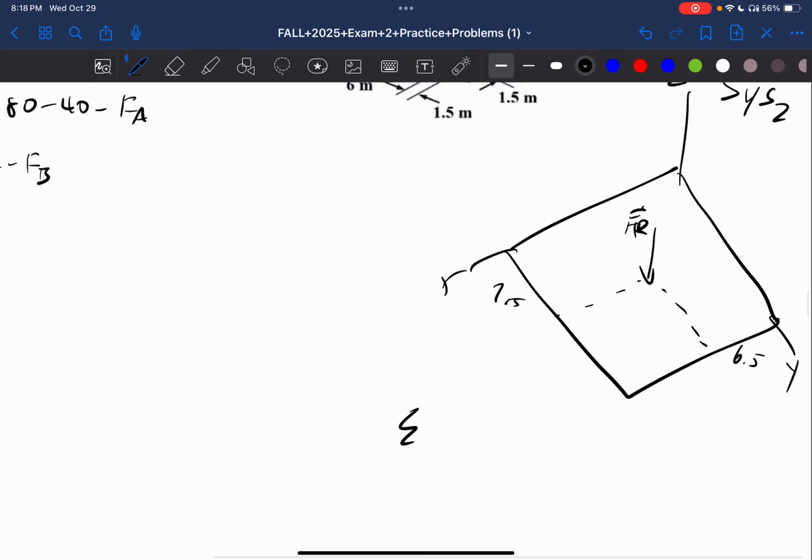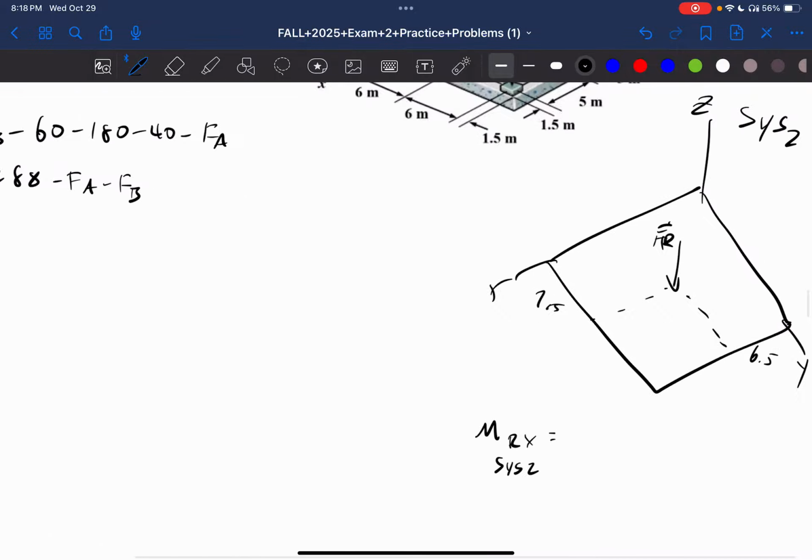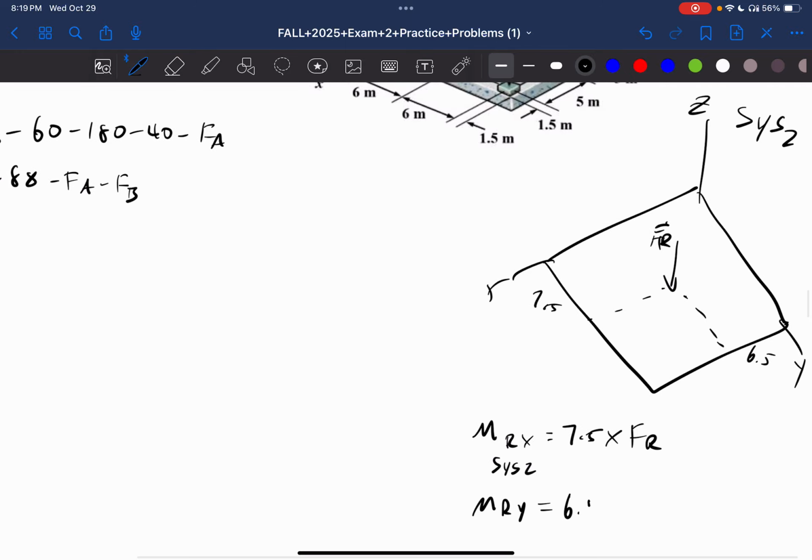So if we do the moment of system 2 because that's going to be easy, the moment around the x is going to be 7.5 times FR, and the moment in the y direction is going to be 6.5 times FR. This way is negative, so this is going to be negative, this is going to be positive.